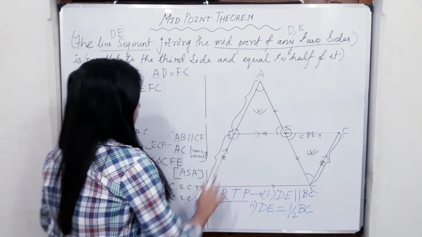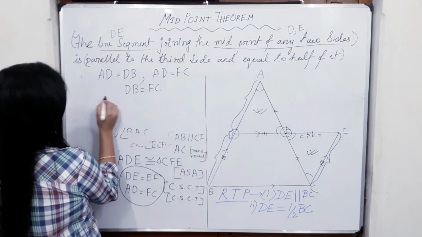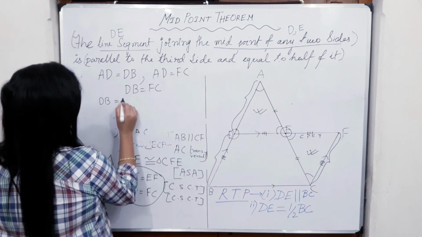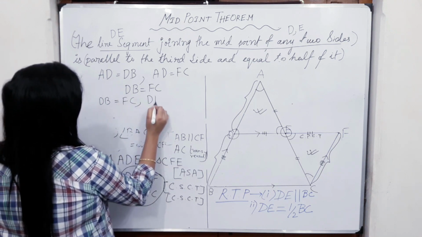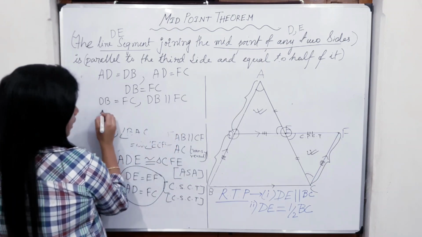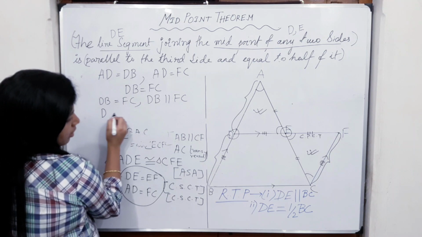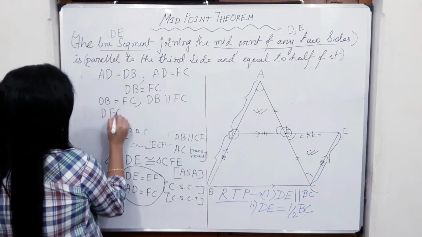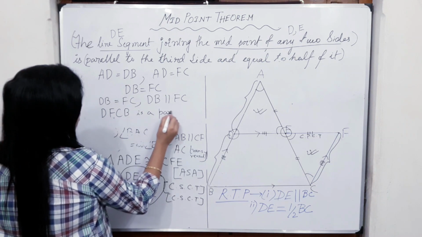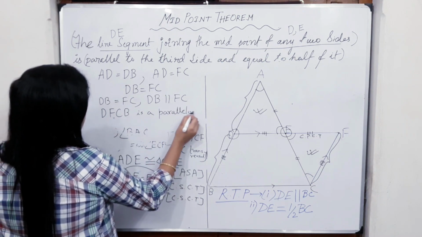So now we can say that since DB equals FC and DB is parallel to FC by construction, therefore DFCB is a parallelogram.